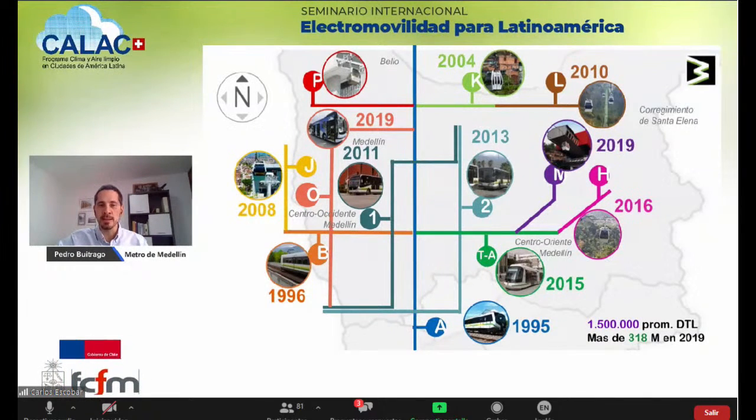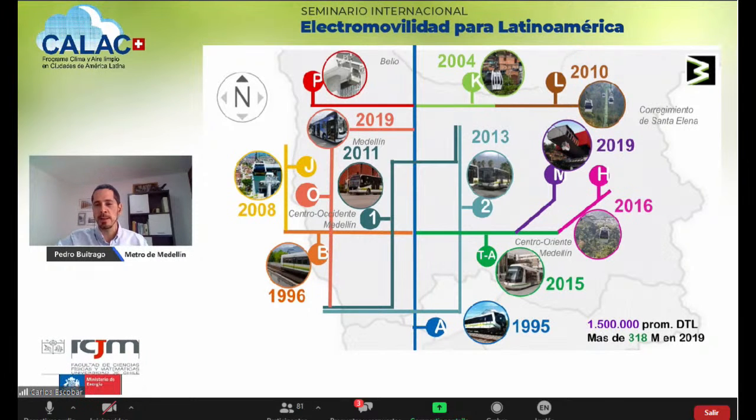So all in all, it's important to ensure physical, operational, and fair integration. At the beginning of 2019, we were moving 1.5 million passengers on a daily basis on a typical work day through these 11 lines. And in 2019, we mobilized over 318 million passengers. The figures of this year are, of course, quite different.